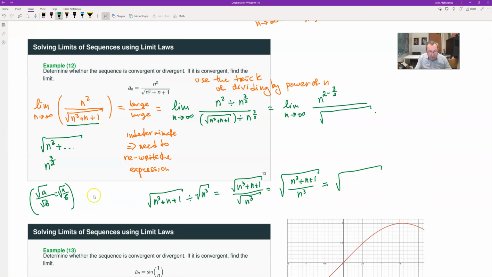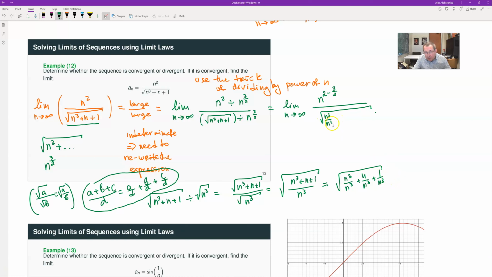When I have a plus b plus c divided by d, that is a divided by d plus b divided by d plus c divided by d, right? So these are the arithmetic rules that I use, and I break that fraction into n cubed divided by n cubed plus n divided by n cubed plus 1 divided by n cubed. And that is what I will write here.